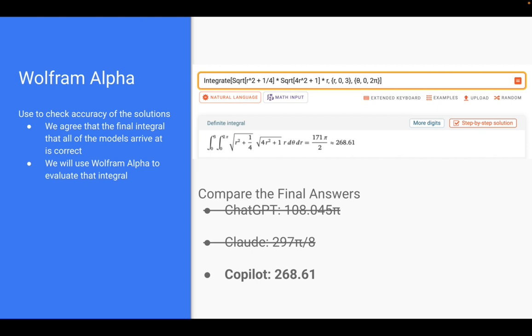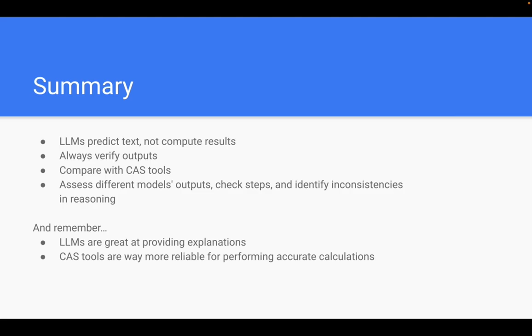A good default is to assume that the calculations and evaluations are incorrect all the time, and then work to analyze them and confirm their accuracy. So in summary, large language models predict text and do not compute results. They generate solutions that sound correct but may be mathematically flawed. Always verify the outputs. Never accept any responses from LLMs blindly, especially for complex problems that you encounter in calculus.